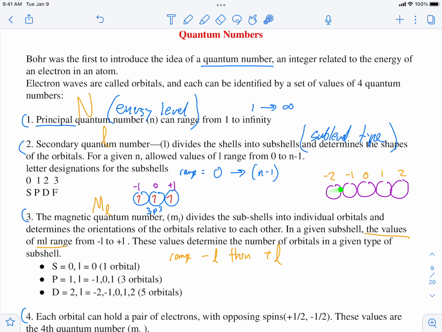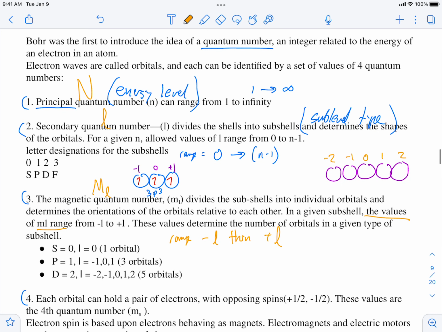Here, this is a D, and D has a secondary quantum number value of 2, so the magnetic range is going to be -2 through +2. Okay, those are the hard ones. The last one's easy.